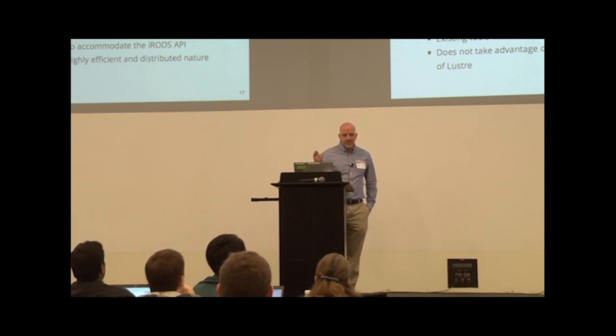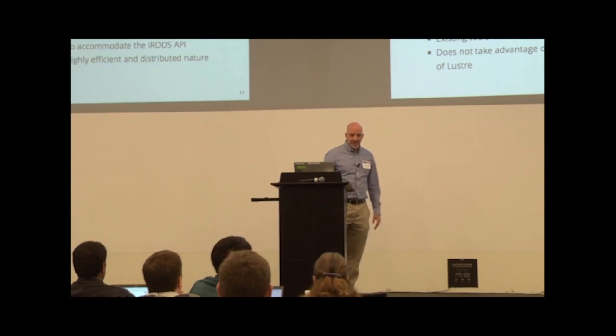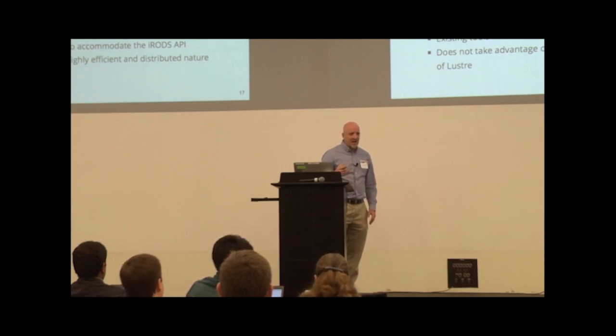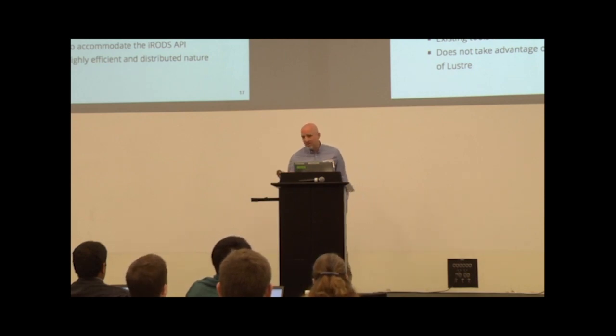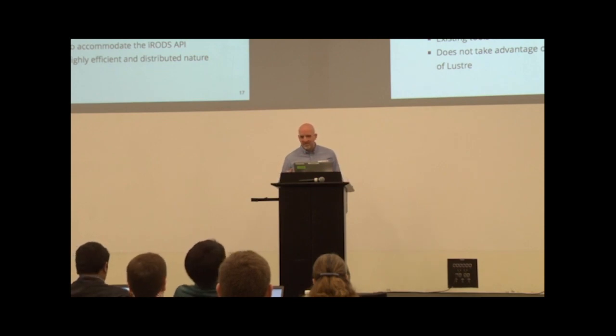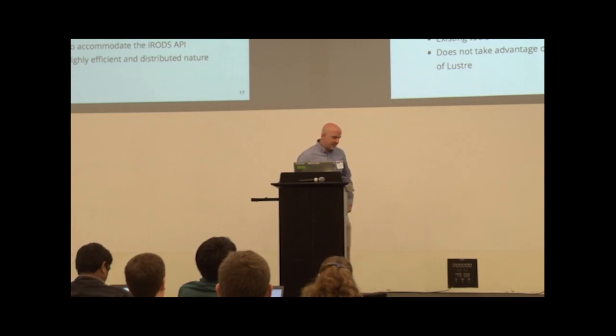So it doesn't want people to change files underneath the file system. It doesn't know about them if you don't go through the iRODS APIs. For a high performance parallel file system, that's probably not what you want. You want users to have direct access to their file system and just let iRODS know about all the changes that happen.